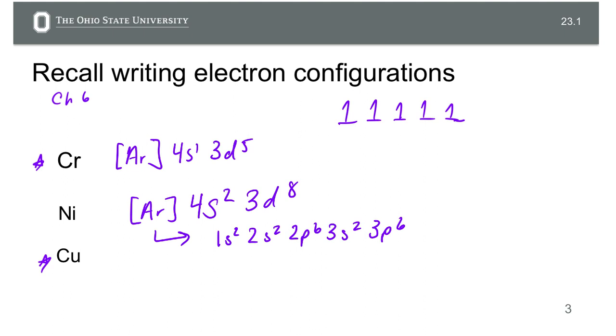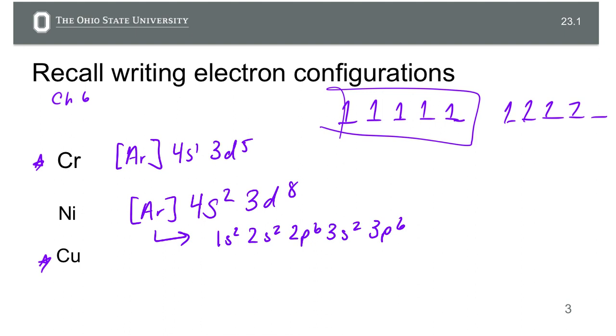Having 5 electrons here is more stable than having 4 electrons like this, and then the other electron in the s orbital, and so that's why there would be this difference, this exception. So there's some stability associated with half filling the d shell orbitals.